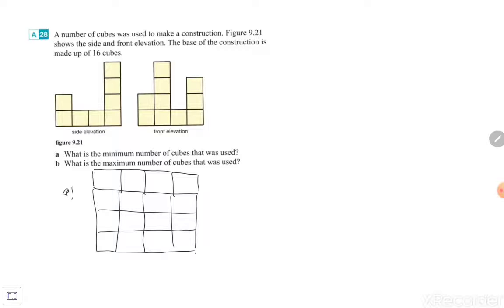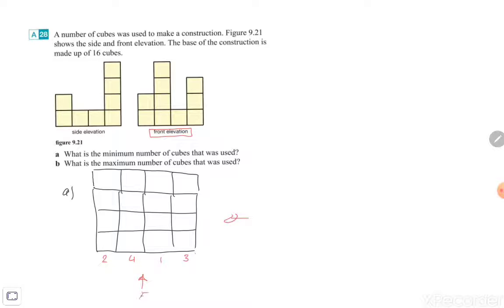I'm going to write down the numbers from the front elevation. Let me just say that this is my front elevation. If we look at the front elevation, there needs to be 2 high, then 4, then just 1, and then just 3. There you go. And here, this is the side.